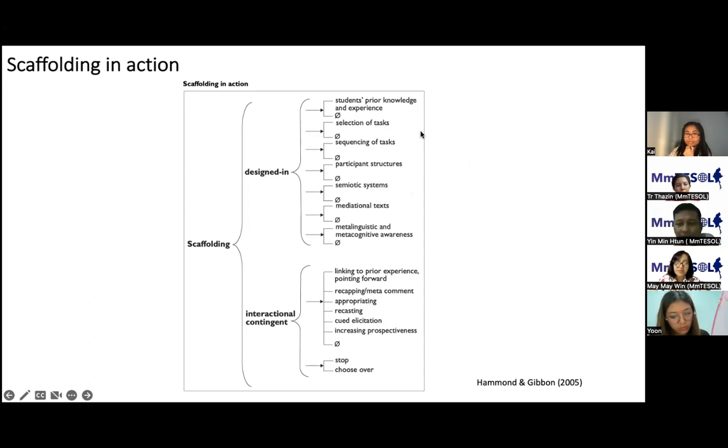Then can we use the same type of scaffolding for the whole class? When we have the challenge of dealing with people of different backgrounds and levels, how best can we scaffold in this situation, teacher?